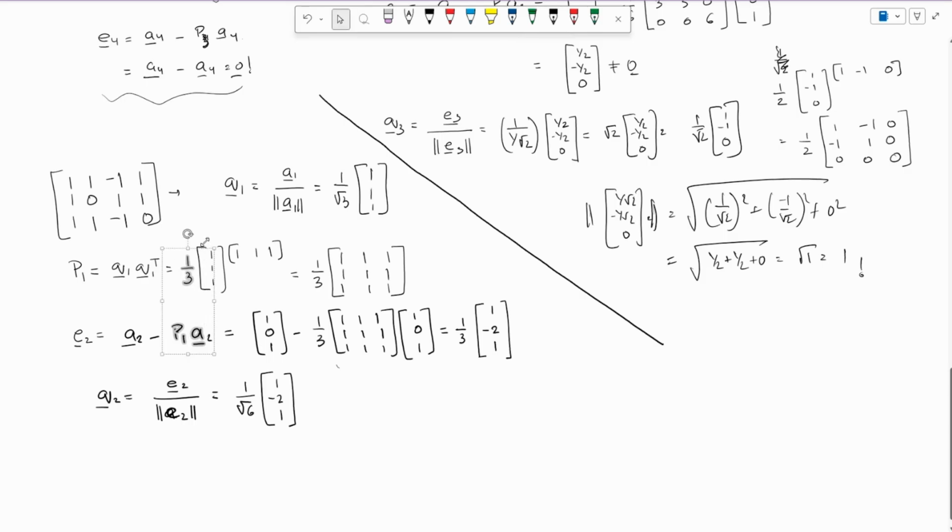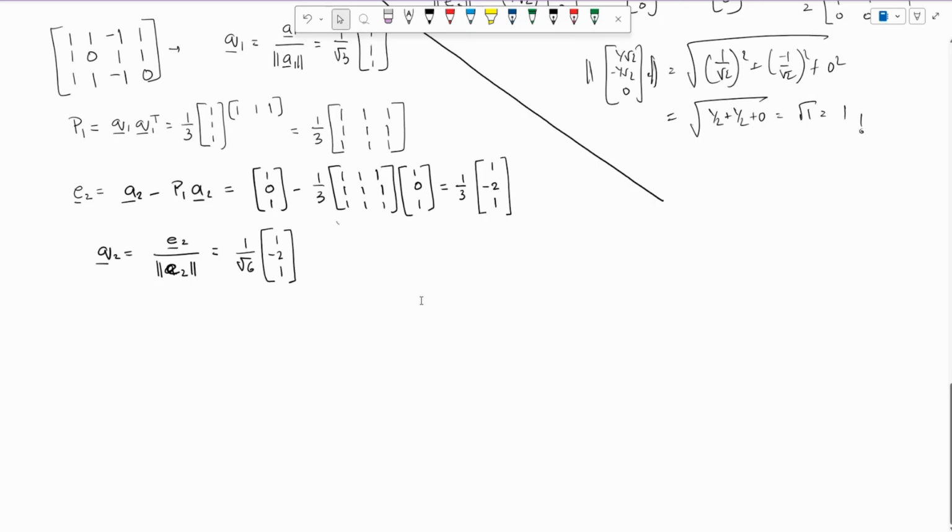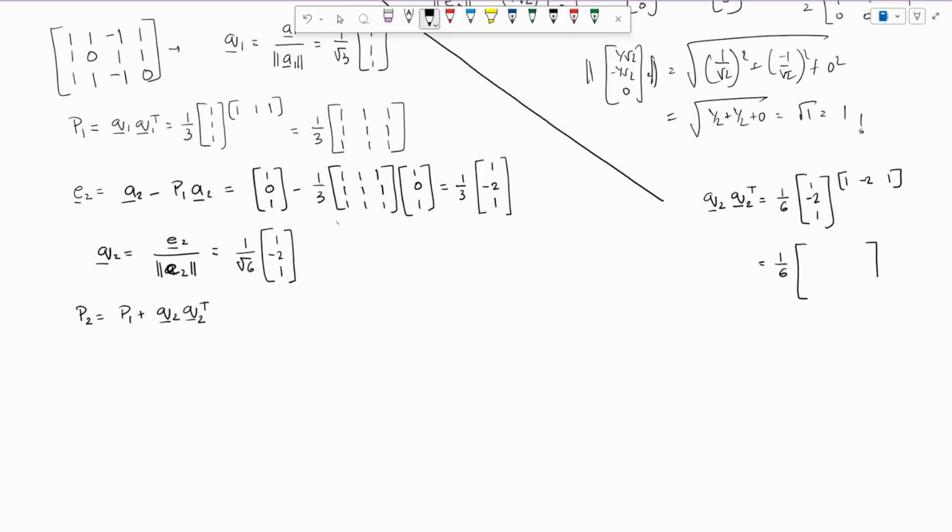Now let's find out P2. How will you compute P2? It will be P1 plus Q2 Q2 transpose. What is Q2 Q2 transpose now? There will be 1 by 6 out. 1 minus 2, 1. 1 minus 2, 1. Be 1 by 6. Tell me what the matrix will be.